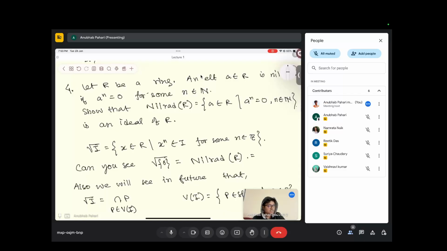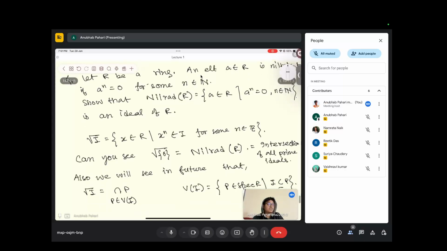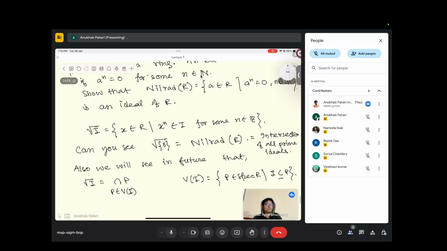It is the intersection of all prime ideals, right? Because you see that every prime ideal contains 0.